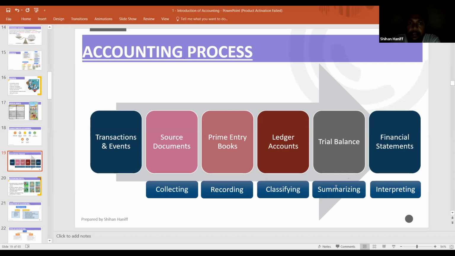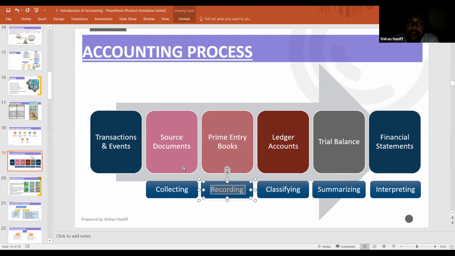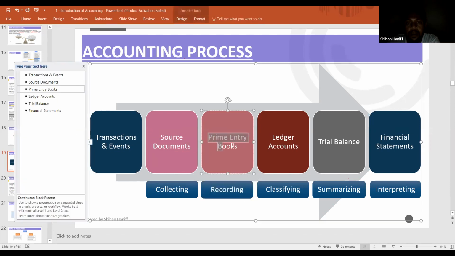Okay. Collecting. What do we collect? When transactions occur, we collect the details of the transactions from the source documents. Collecting source documents. Then recording these transactions in prime entry books.